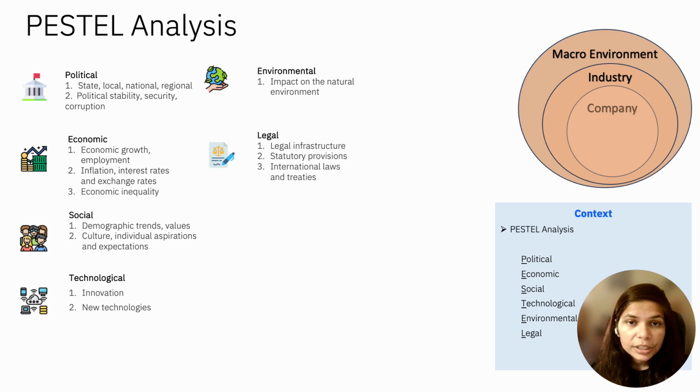So let's first understand what the 5 letters of PESTEL are. P means political. Political attributes can be state, local, national, regional, any changes in the political environment. It can also mean political stability, security, and how much corruption there is in that environment.